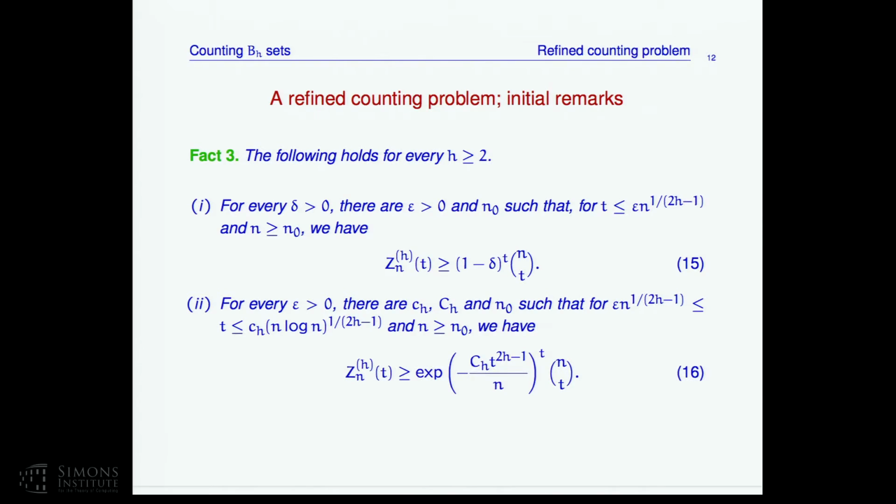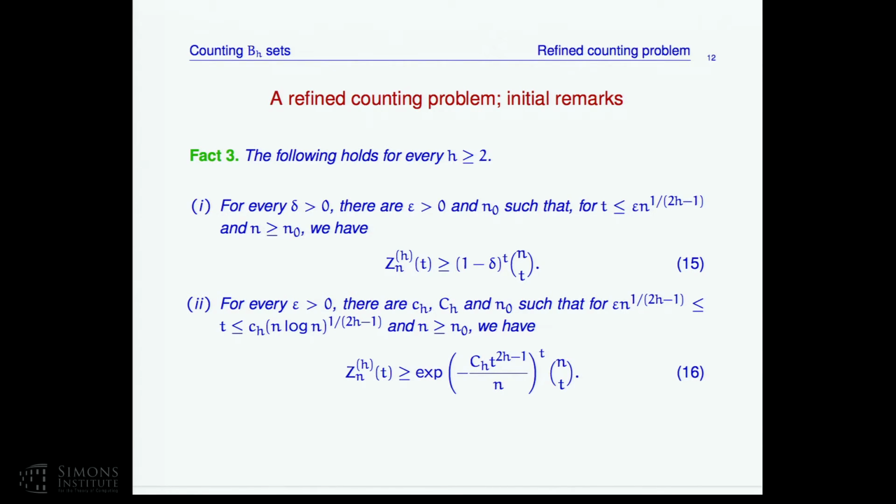The bound that you get is again some fraction of n choose t, a fraction of the universe. And this fraction is e to the minus something, to the t. So previously I had some number close to 1 to the t. Now I have some number which goes to 0 to the t.